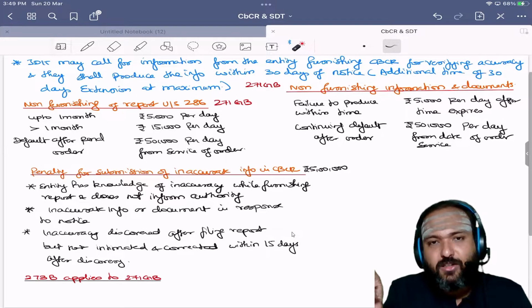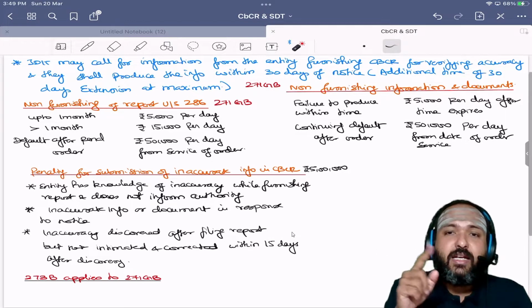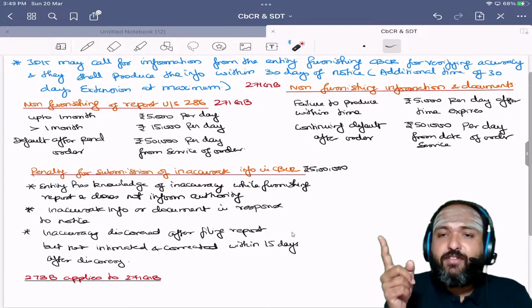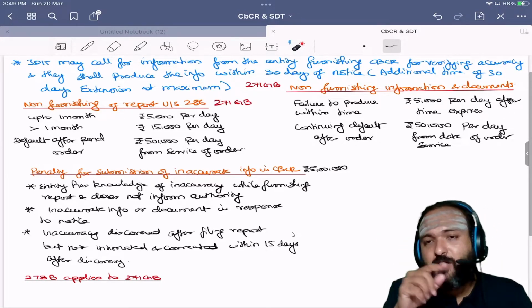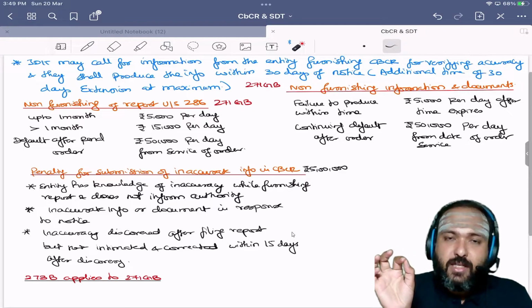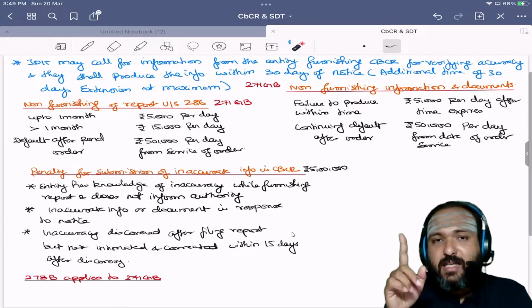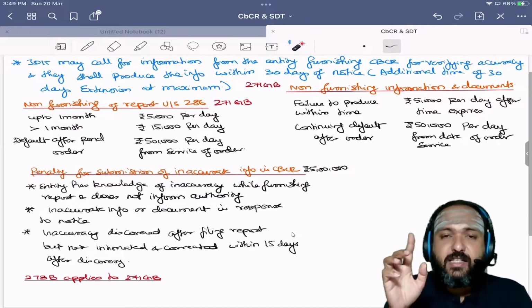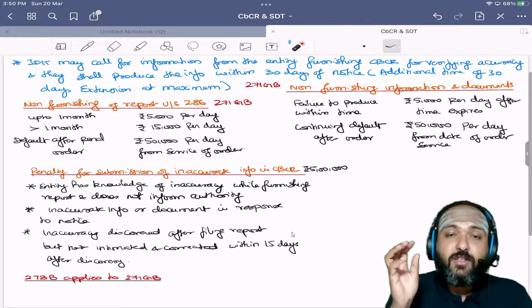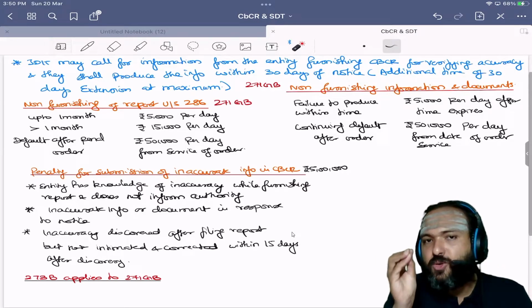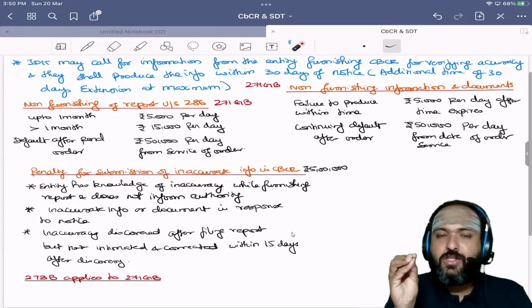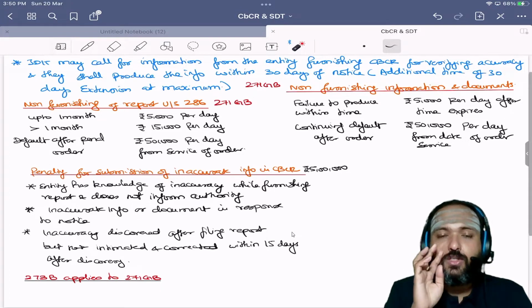So Indian income tax authorities can ask the entity furnishing the CBCR to share information for the purpose of verification of accuracy. So you can directly ask the Japanese entity, Acer Japan Corp, to share information to check the accuracy of information disclosed in the CBCR.